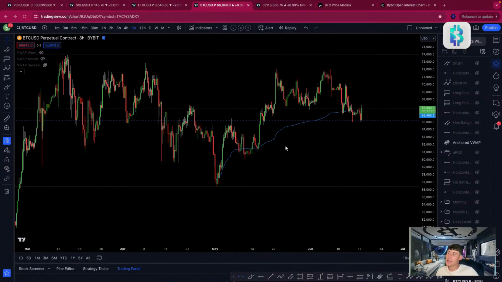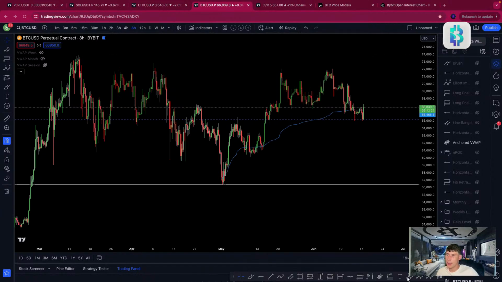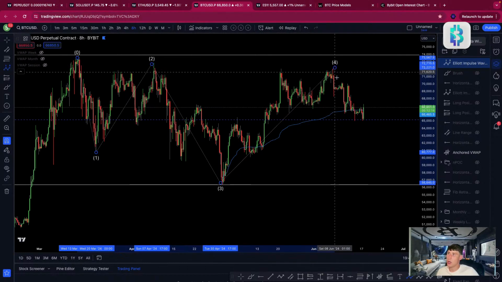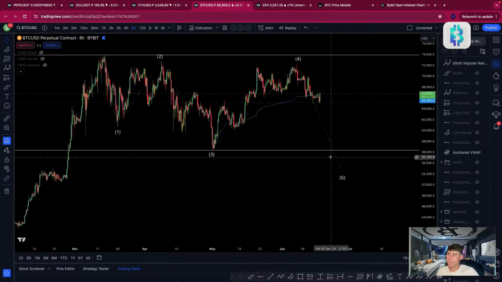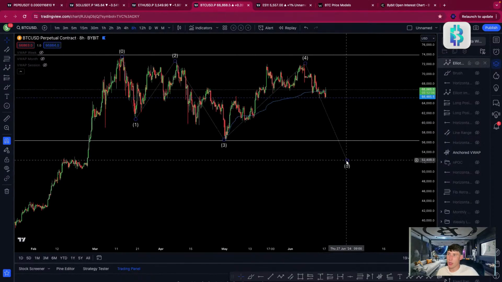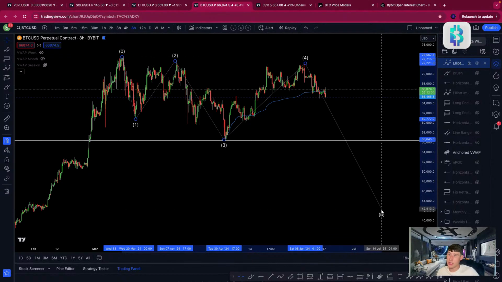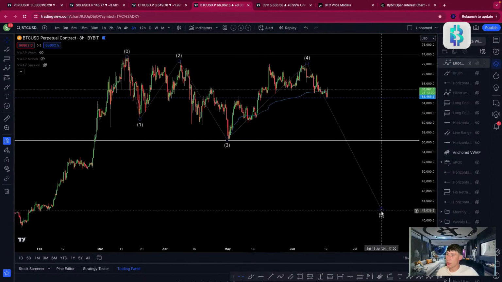And again, like I've been saying, with Elliott wave, we still have that bearish count, right? And who knows where this wave 5 is going to end? That wave 5 could end down at 42,000. It could. So yeah, we'll just have to see.